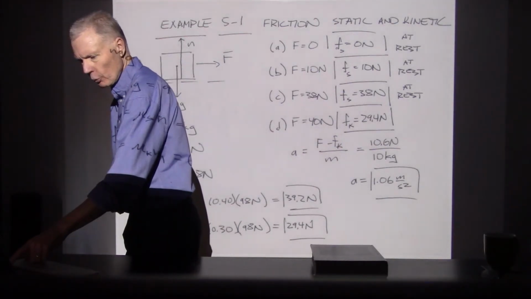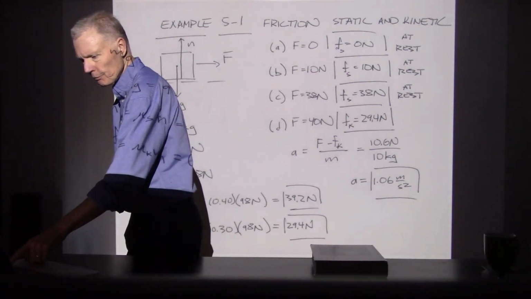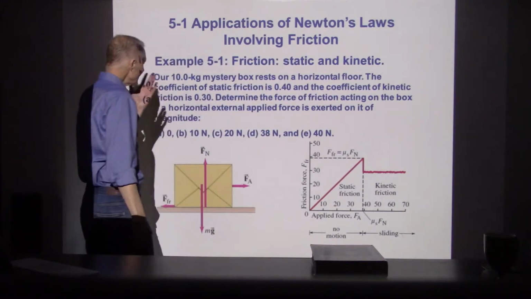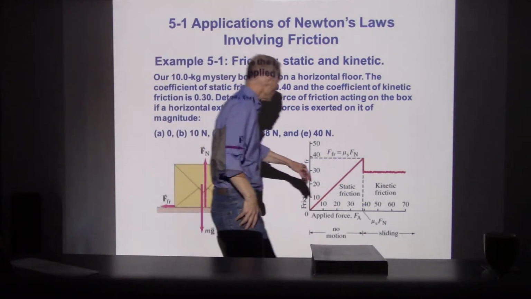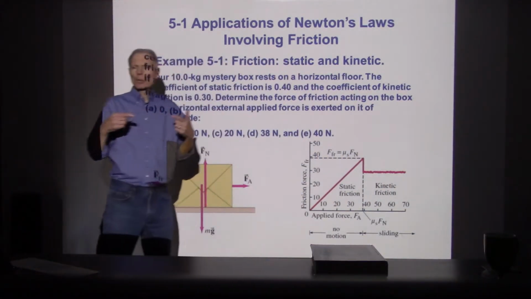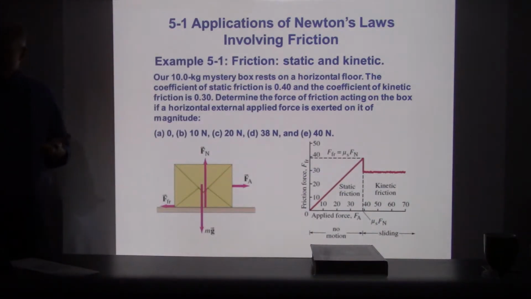29.4. If we've got that, yeah, seems reasonable. Okay, so that's what that graph is doing. And then if we continue pushing with a larger and larger force, the idea is that we'll get a larger and larger acceleration. And remember, our model suggests that no matter how fast the object travels, as it slides, the friction's the same.